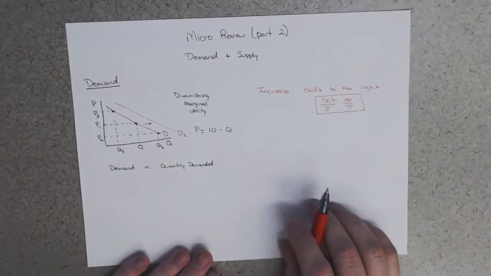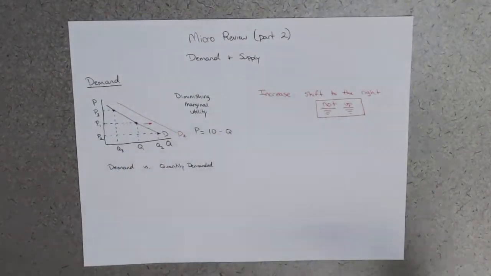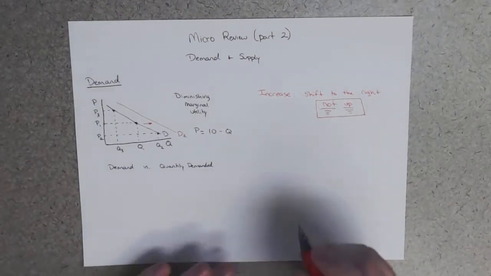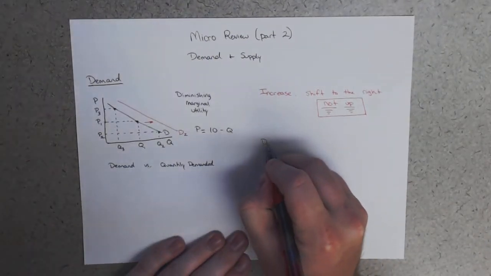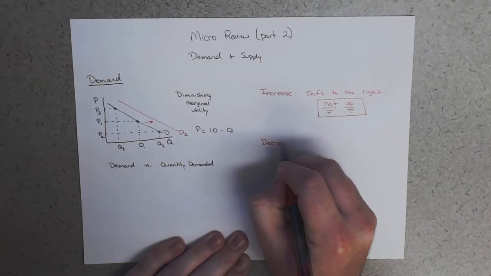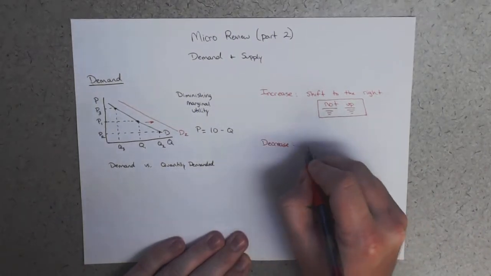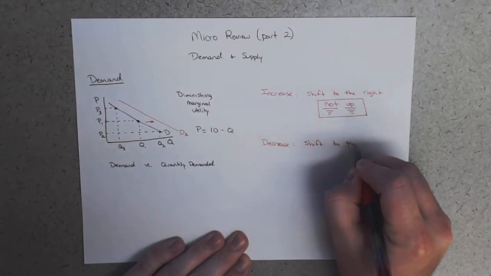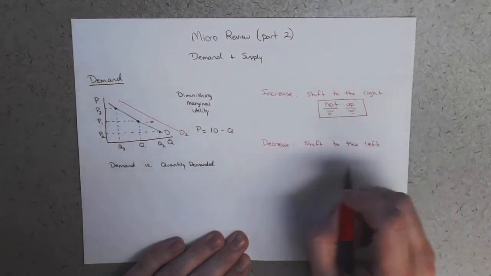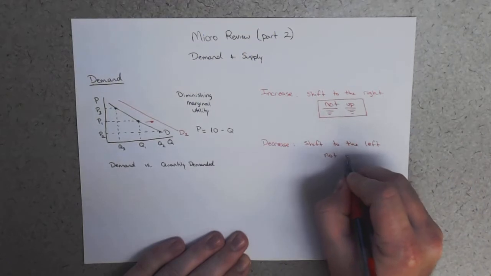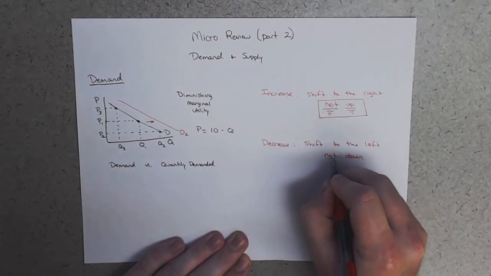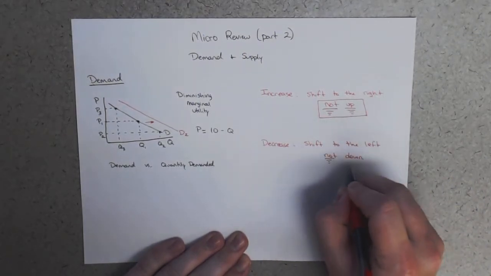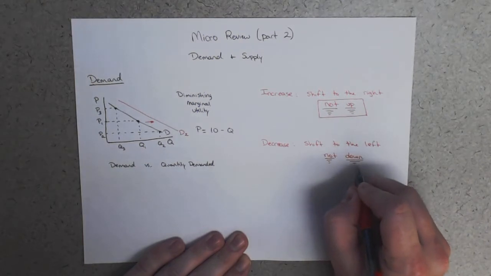Okay. And the opposite is also true. So if we are decreasing demand, that is a shift to the left. Okay, not down. Now we're going to do the same thing, because this is just as important as the first one.